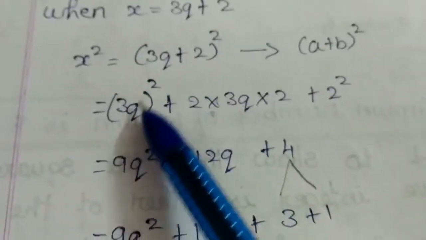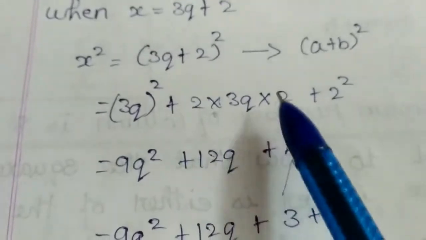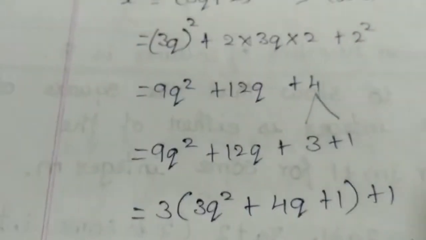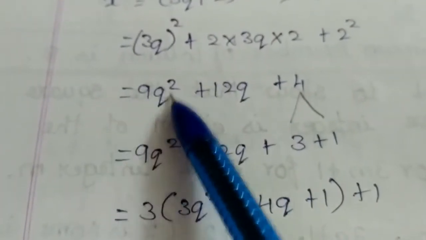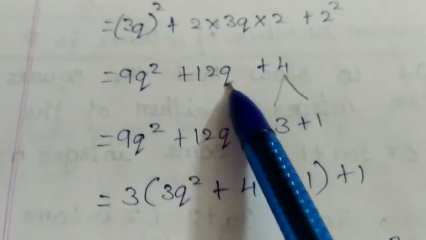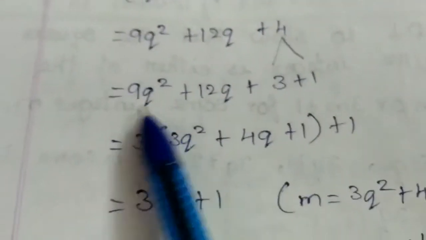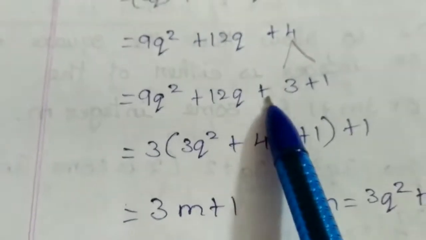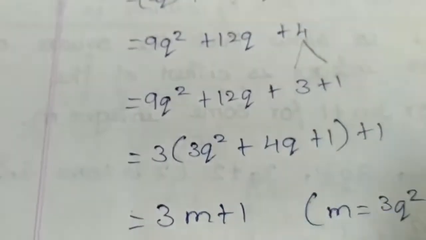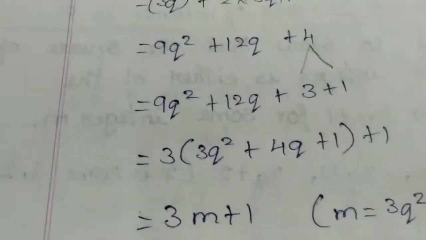A square, what? 3q whole square, plus 2 into 3q into 2, plus 2 square. Next 9q square plus 12q plus 4. 9q square plus 12q plus, I am dividing the 4 into 3 plus 1. We can take it like this also.